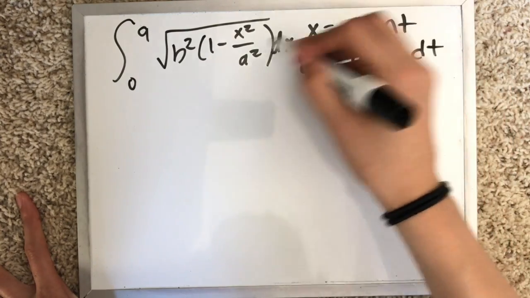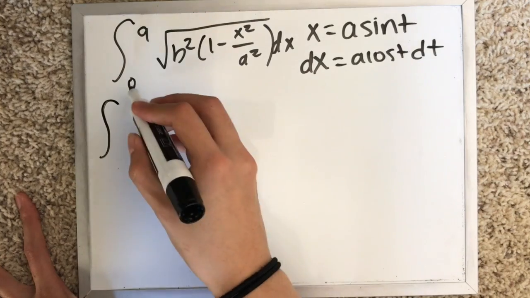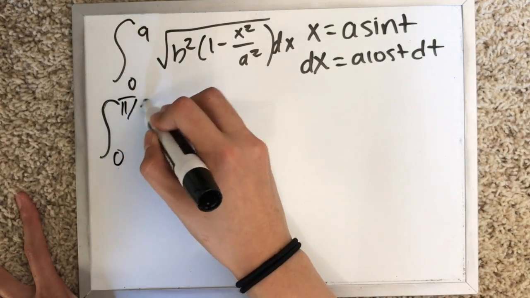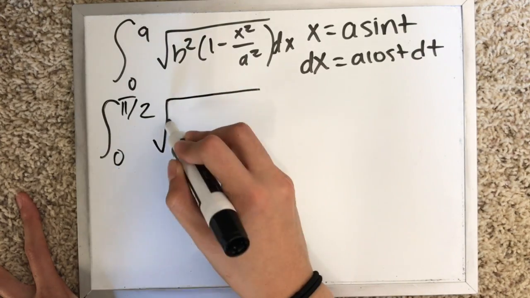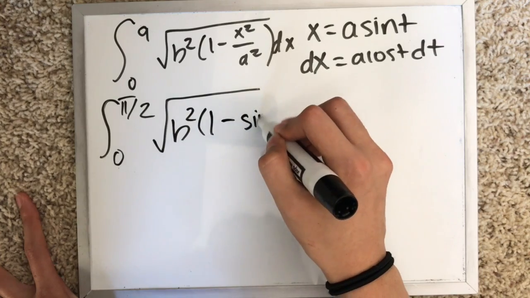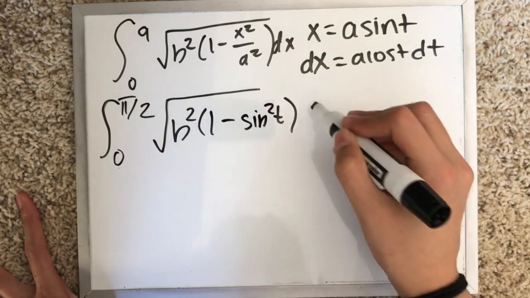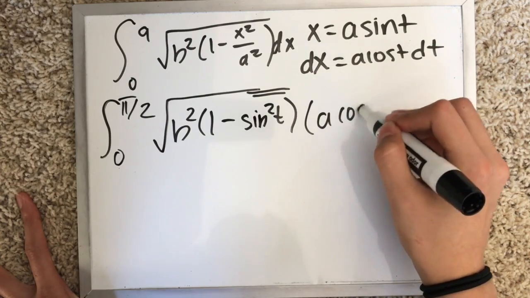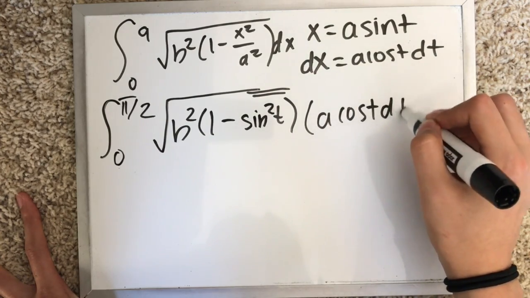So now this becomes, if you plug in 0 for t, you get the integral from 0 to pi over 2 of the square root of b squared times 1 minus sine squared of t times a cosine t dt.